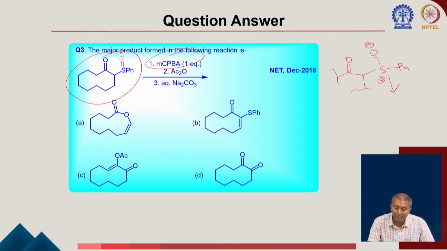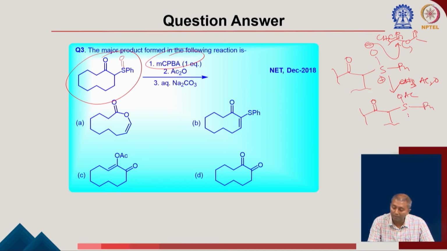Now you have acetic anhydride, Ac2O, which is nothing but CH3CO-O-COCH3. So this O minus can attack here, getting rid of an acetate minus to form this. I am not drawing the entire part, that is why I am writing it like that. I hope you have no problem with that.